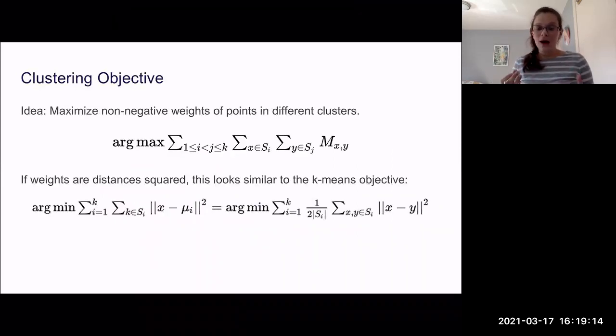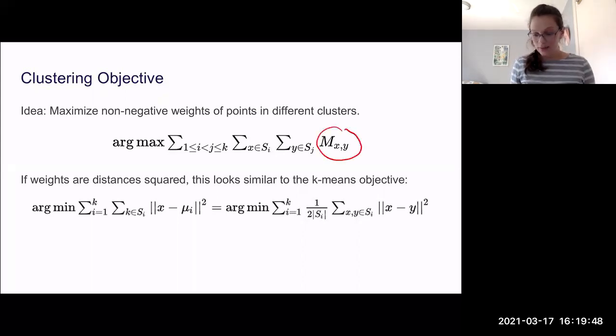But we can think about our problem as relating to this problem because we can think about putting weights between points, which will represent distance between points, for example, and trying to maximize the weight of those that are cut by putting points into different groups or different clusters. So in particular, the clustering objective function that we're going to look at is to look at all points that are put into different clusters and sum up some non-negative weight of those points.